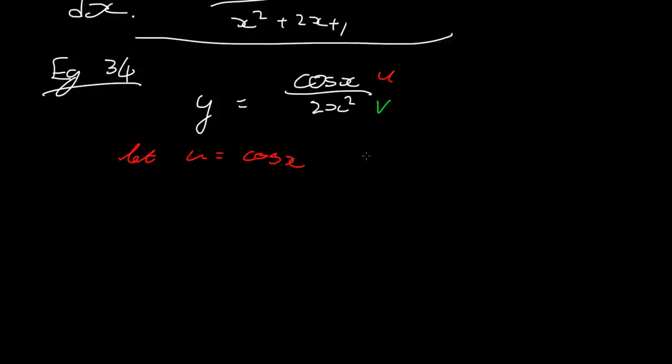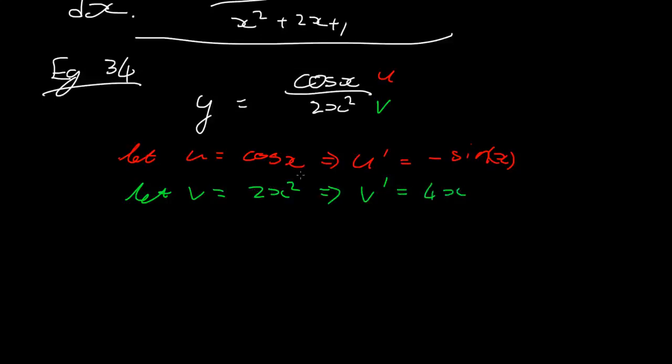Let u equal cos x, therefore u prime, which is the same as du by dx, is equal to negative sine x, and that just comes from your table of derivatives. And then we're going to say also let v equal 2x squared, therefore v prime equals, and this is a polynomial, so take the 2 down in front and multiply, that gives 4, write down your x and reduce your power by 1, so it just gives 4x.